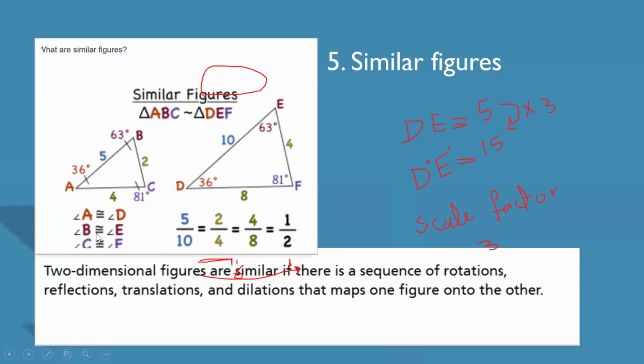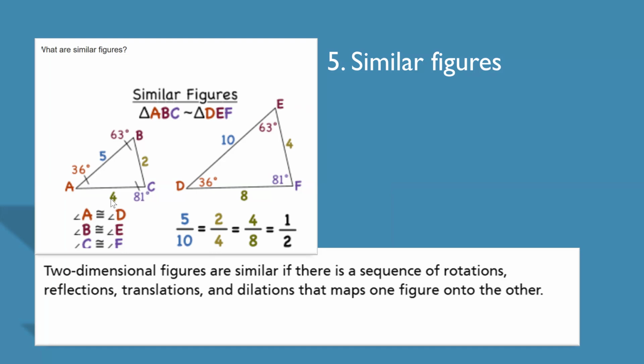Last thing we will talk about is similar figures. Are similar figures equal figures? The answer is no. Similar, not equal. Two-dimensional figures are similar if they have the same length? No, the same angles. Angles are equal, but the sides give me a ratio. So when I take 5 over 10, it gives me 1 out of 2.